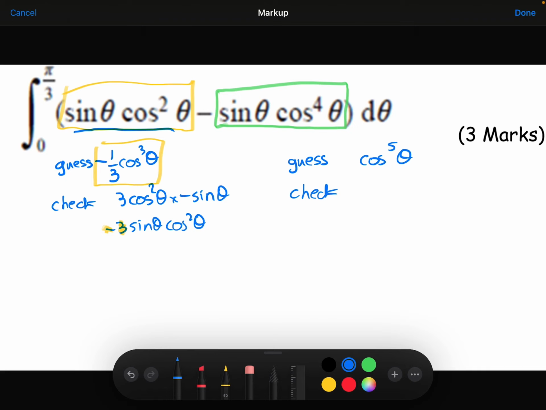So differentiating the cos to the power 5, we'll get 5 cos to the power 4 multiplied by the derivative of the inside, which is minus sine. Simplifying that, I'll get minus 5 sine theta, sorry, that should have been a theta, not an x, cos to the power 4.